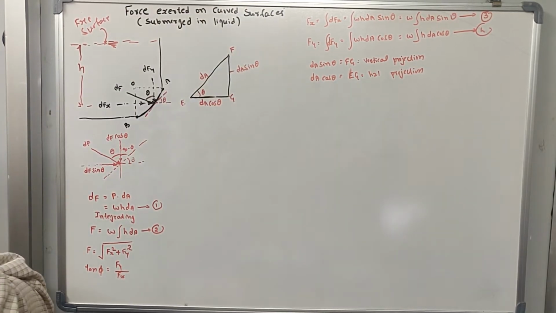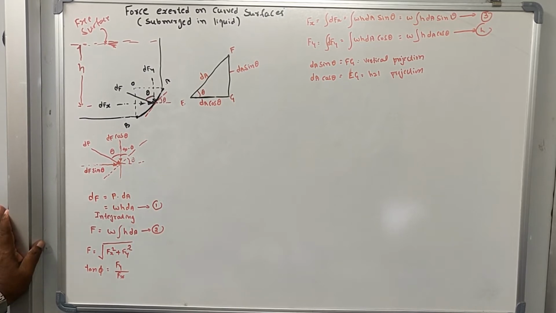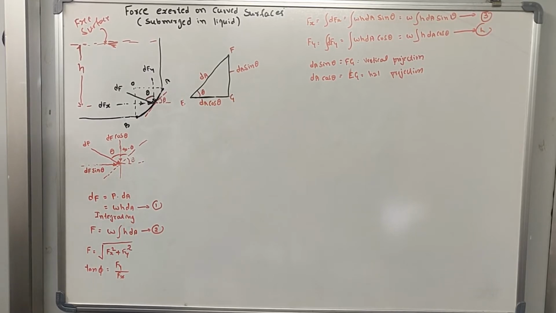In the previous classes we have discussed the force exerted on the surface which is immersed horizontally. We also discussed the cases when the surface is immersed vertically and also when the surface is immersed in the inclined direction. So now the fourth case is the force exerted on the curved surfaces when the curved surface is fully submerged in the liquid.